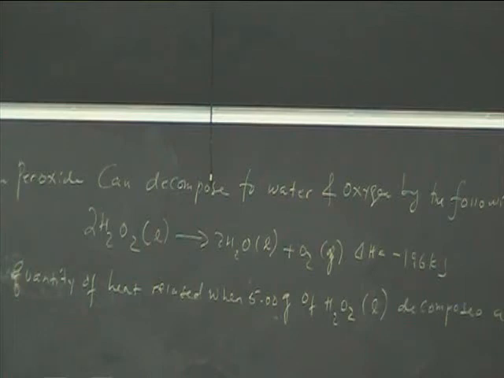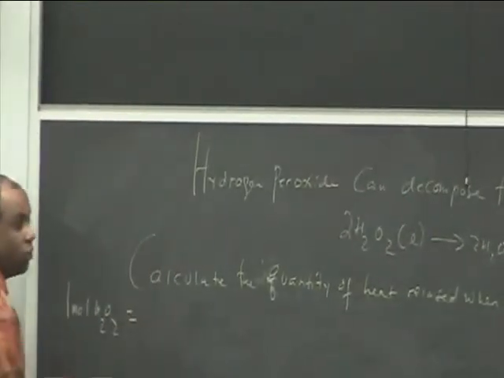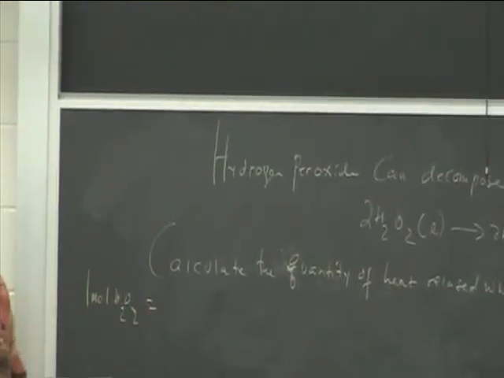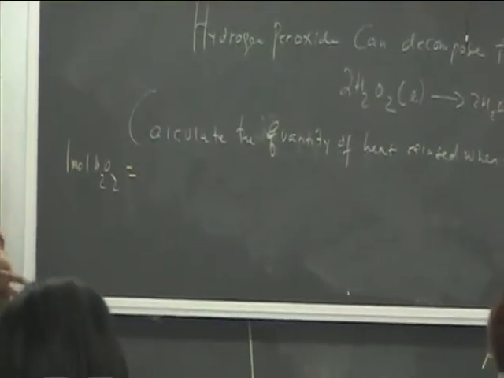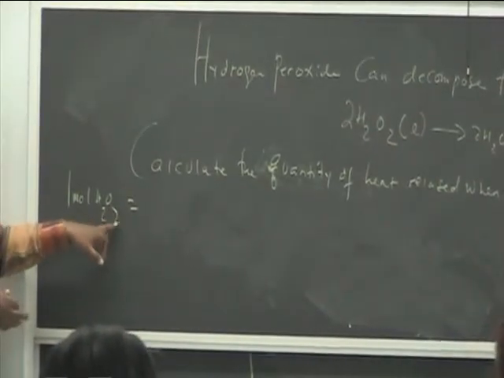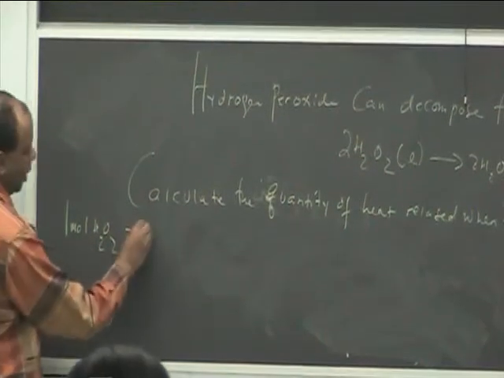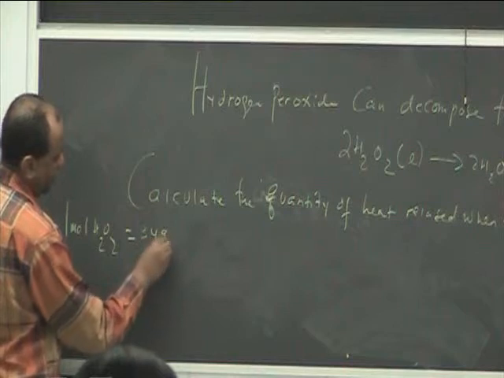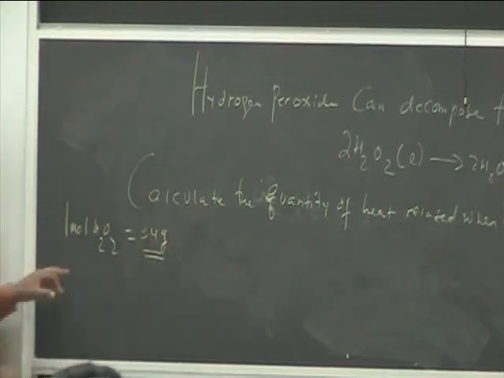You need the formula weight of H2O2. What is 1 mole of H2O2? What's 1 mole of H2O2 equal to? So the atomic weight of hydrogen and the atomic weight of oxygen. 34 grams. 4 plus 32, that is 34, right? 34 grams. Does everybody agree with that? Yeah.